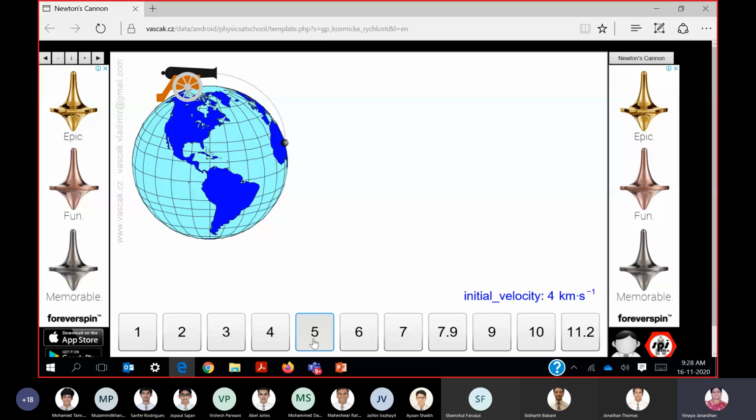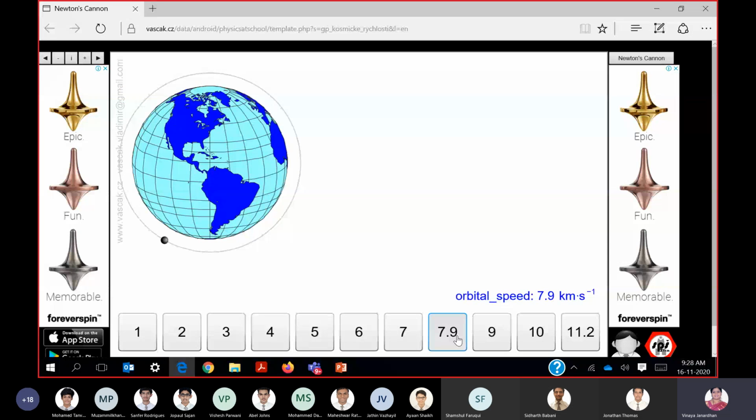As you keep increasing the speed, the range of the projectile keeps increasing, but still it reaches the surface of the Earth. Now when you go to 7, are you clear?